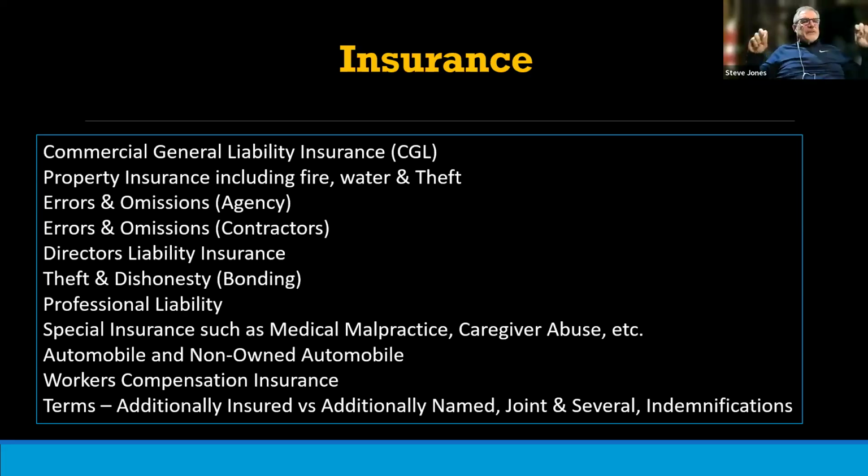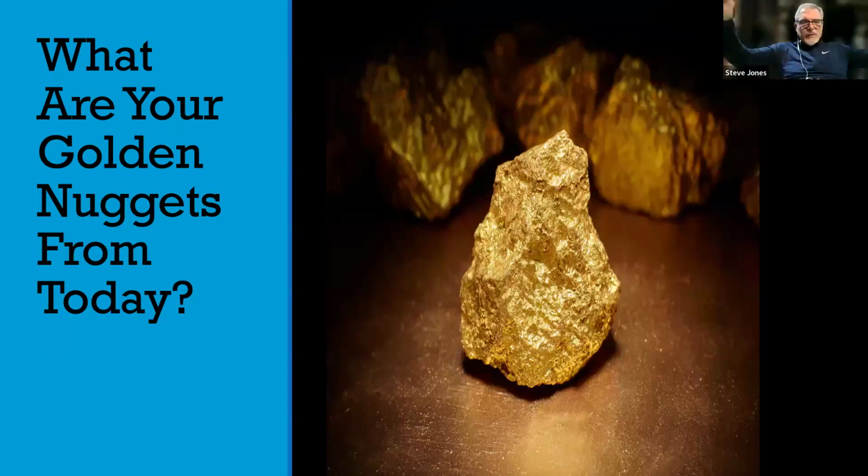If it's jointly, the two parties that participated in the problem, causing the damage, can share in taking responsibility for and paying for the damages, or severally, which means each one is treated individually. And so you will hear the term joint, you'll hear the term several, and you will hear the term joint and several. So there we are for insurance, and we are at 4:01, only 1 minute overdue.